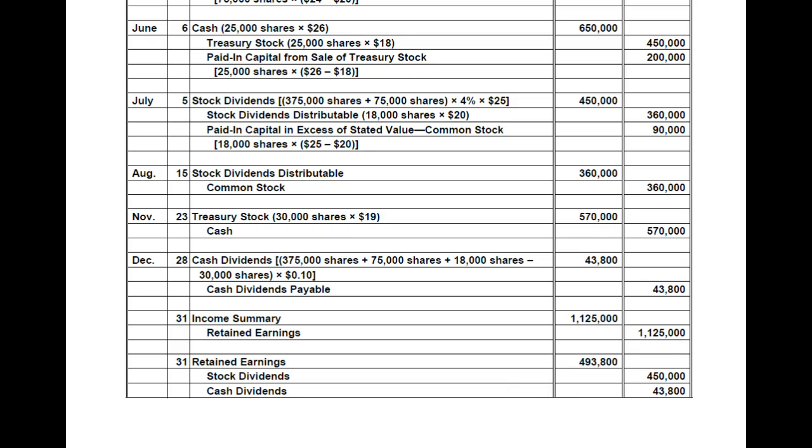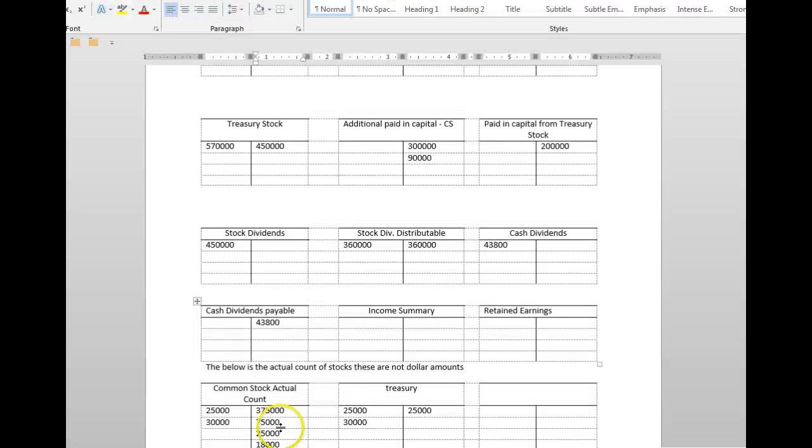So let's go do that right now. We have income summary that I'm going to debit for 1,125,123, that's my net income, and I'm going to put that into retained earnings. And then close the two dividend accounts to retained earnings.